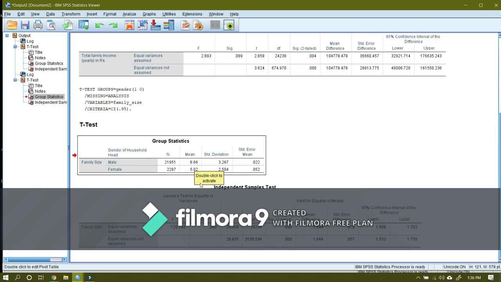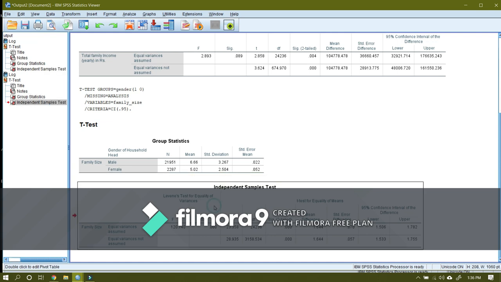So for that we will have to look at this table, independent sample t-test, and first of all I would like to test the null hypothesis of the homogeneity of variances of the two groups, and that can be done on the basis of the F stat. Here the F stat value is very high, and it is highly significant, so we will reject the null hypothesis of homogeneity of the two variances.